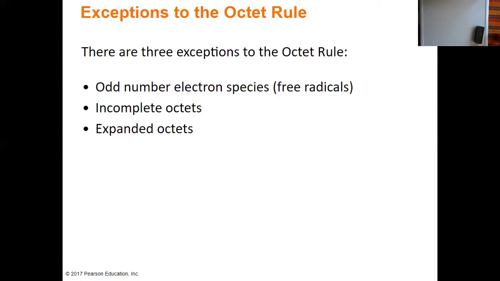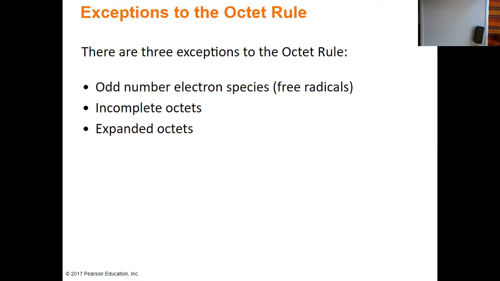We're going to look at incomplete octets or shrunken octets. Those are things that do not meet the 8 electron standard that we use, okay? They don't need as many electrons as everything else. Those are things like boron, beryllium, hydrogen. Those have incomplete octets. Expanded octets also.